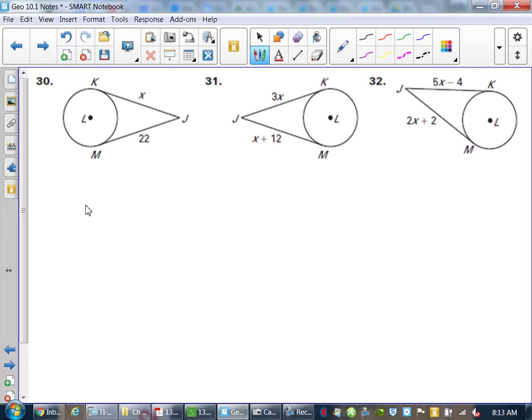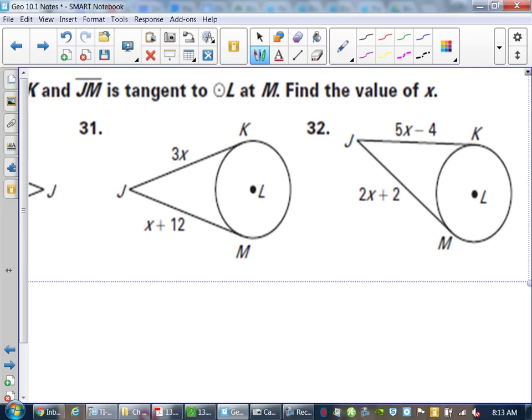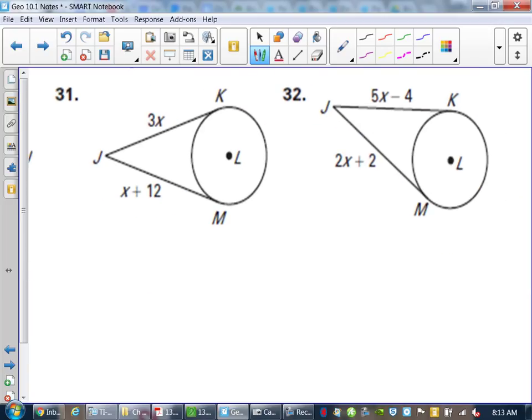So these are all common external tangents, and we'll do one or two of them at a time. All you're going to do is find x. The directions say JK and JM are common external tangents.